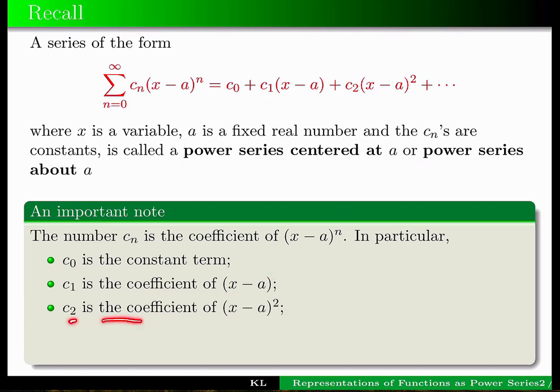C_2 is the coefficient of (x minus a) squared. If we look at C_(2k minus 1), it must be the coefficient of (x minus a) with power 2k minus 1, and so on and so forth. So the subscript of your c tells you which power of your (x minus a) it is.